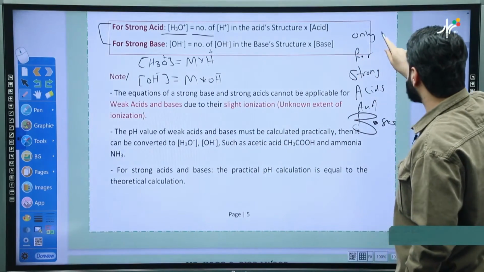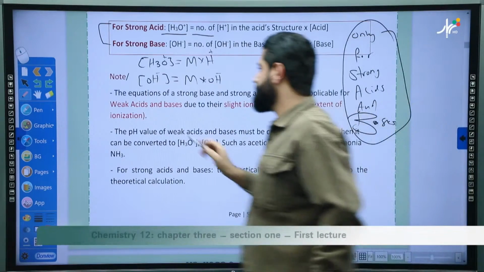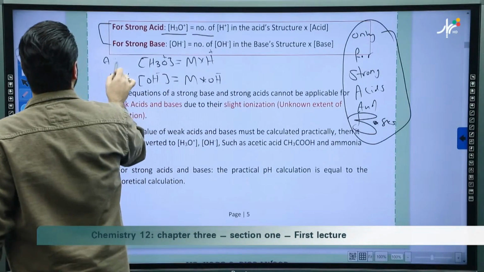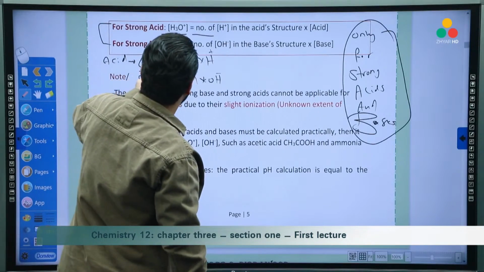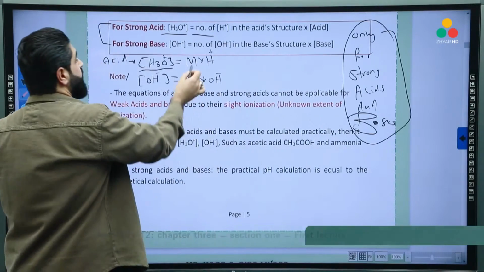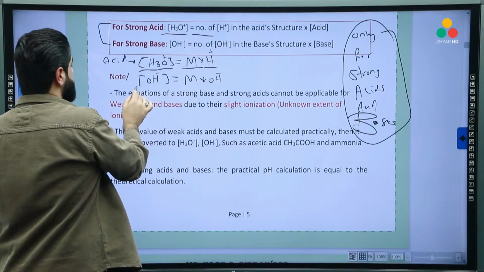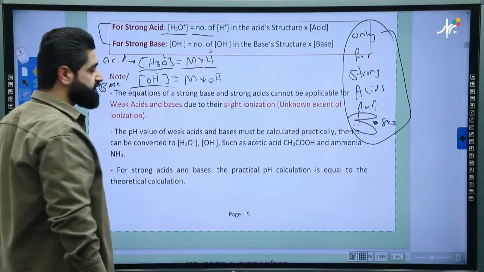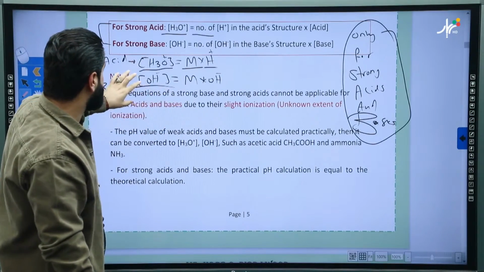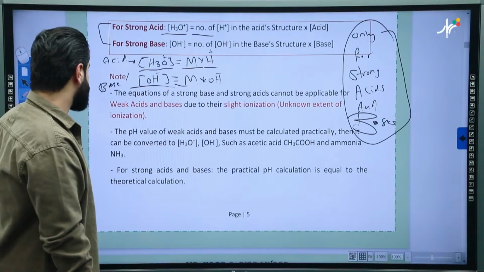That's why they are applicable only for strong acids and strong bases. If we have an acid, there is no option except calculating H3O by multiplying the molarity of the acid times H. If we have a base, the first priority will be for OH: molarity times the number of OH in the base's formula.